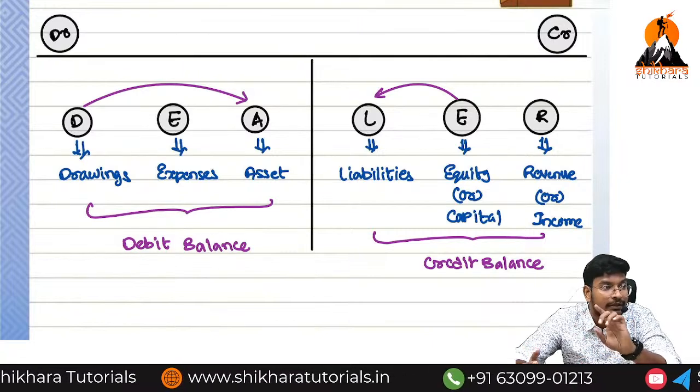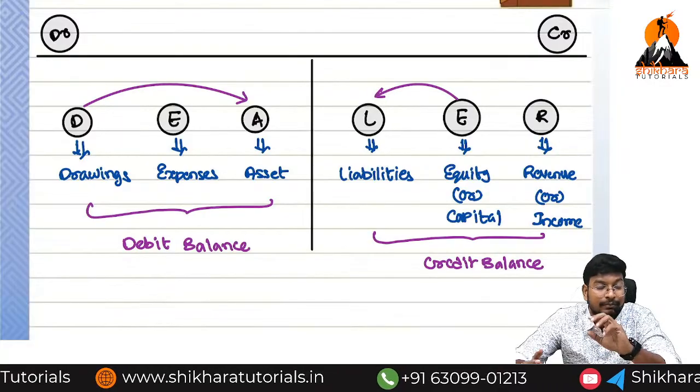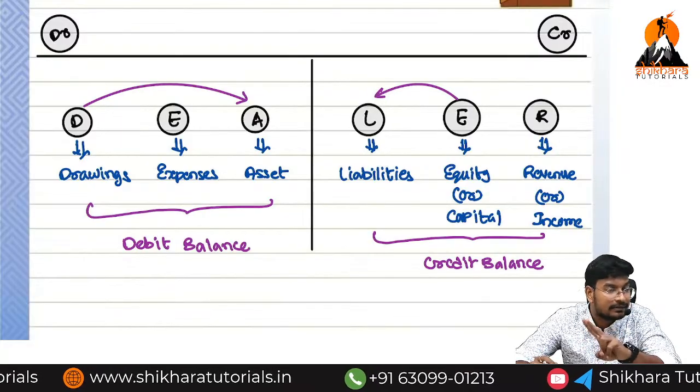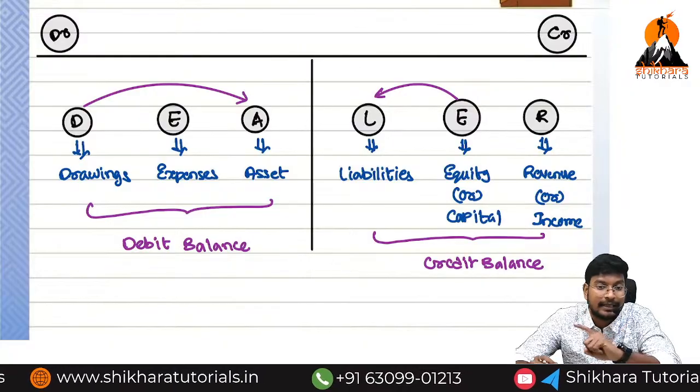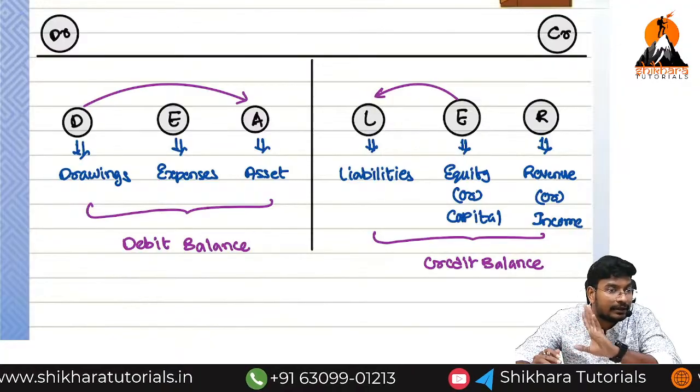What are the four items? Assets, expenses, incomes and liabilities. Remember like this: assets and expenses will have debit balance. Incomes and liabilities will have credit balance.